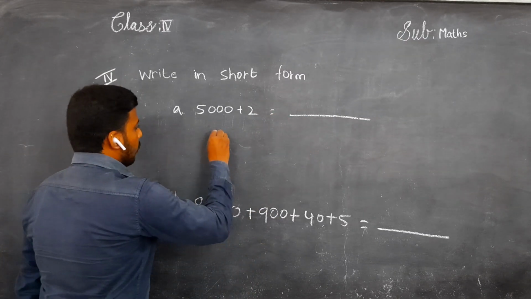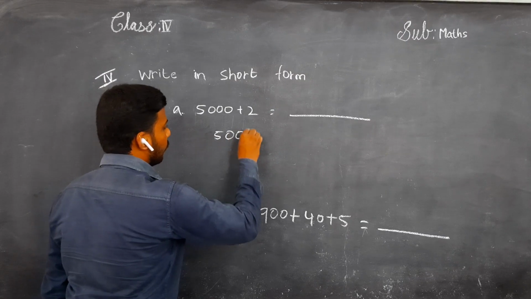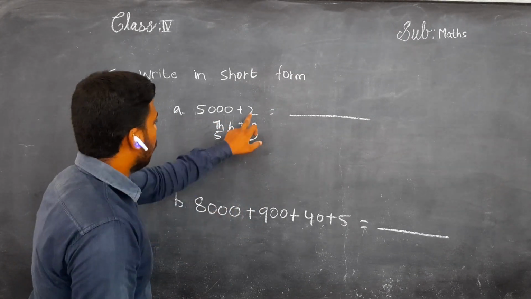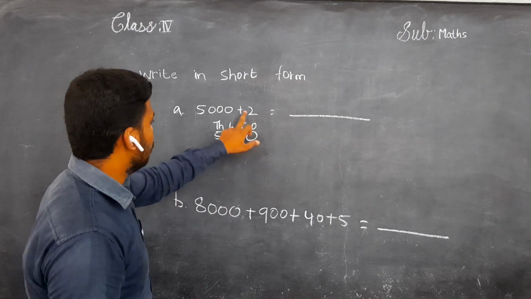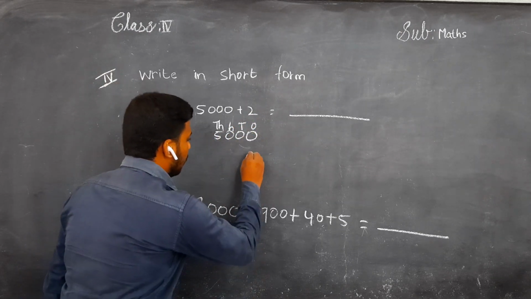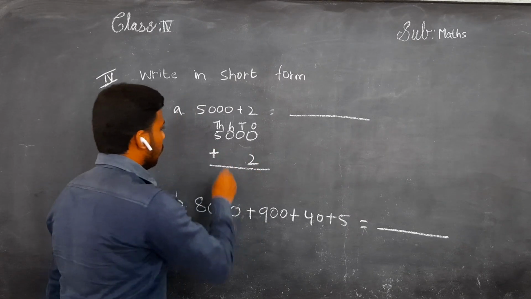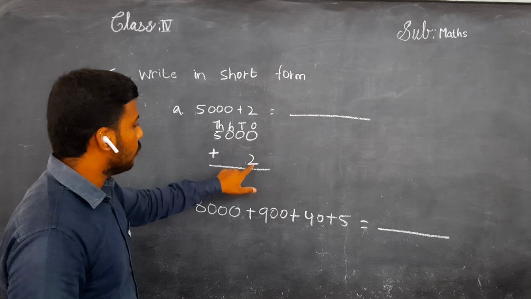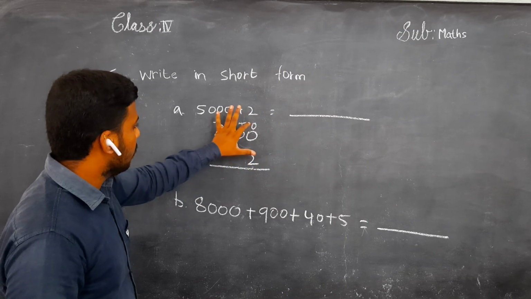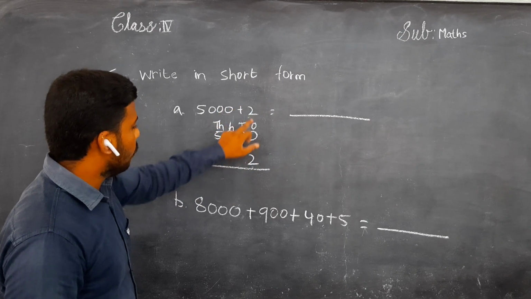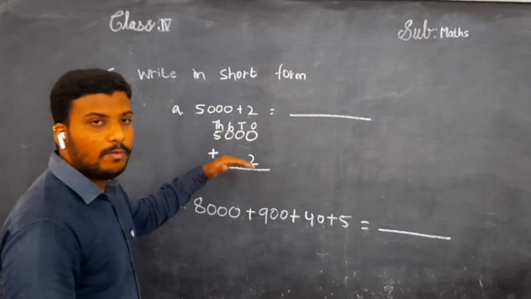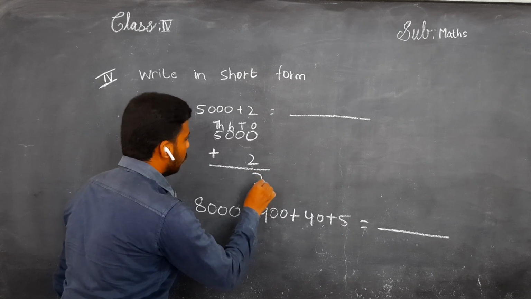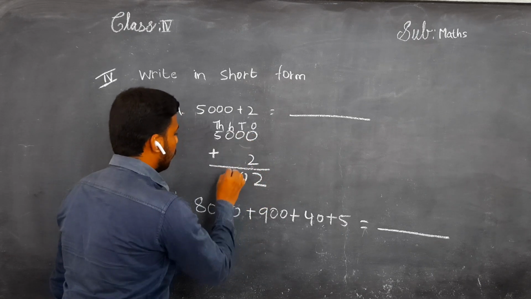See here, 5,000. Ones, tens, hundreds, thousands. And right now we have the next value, that is plus 2. That should be in the form of ones, that is, in the ones place the 2 should be. Okay, understand, children? In the ones place we have to bring the value 2. Right now we have to add the values. 0 plus 2, how much will we get? 2.